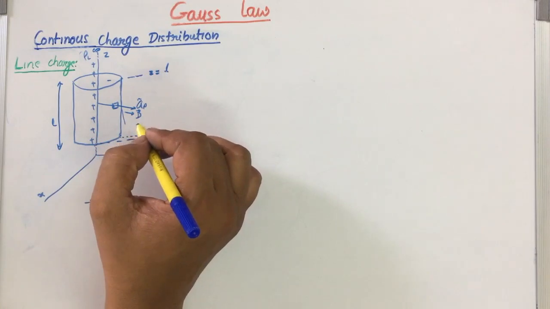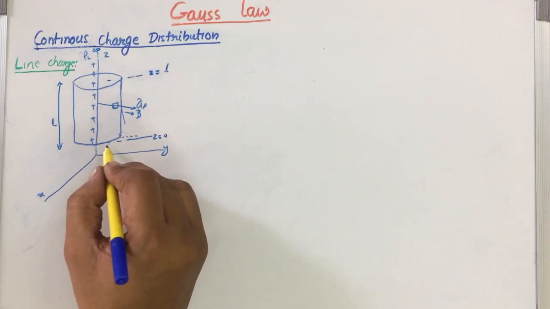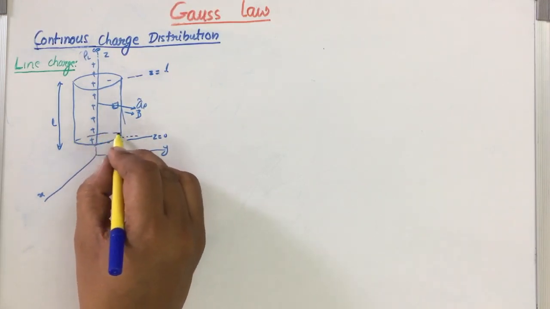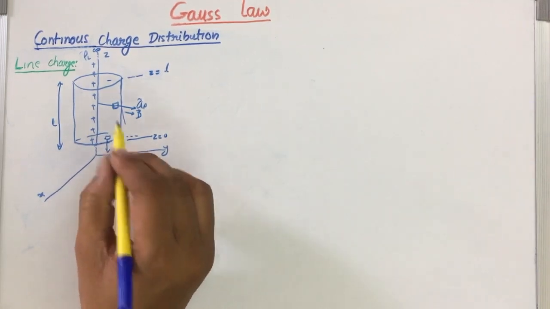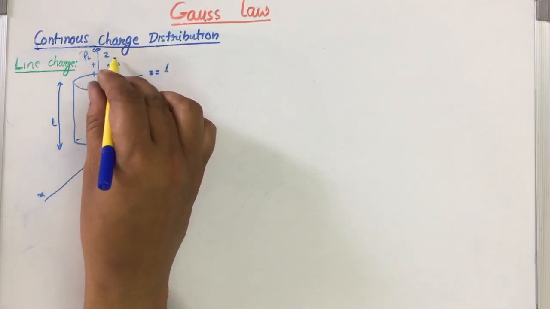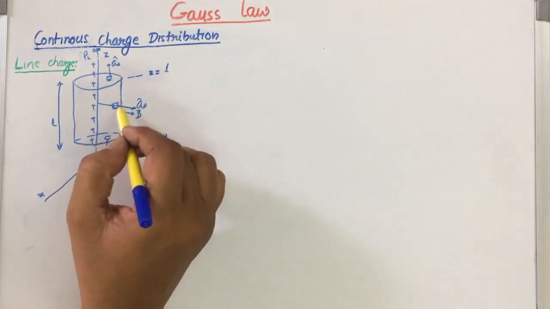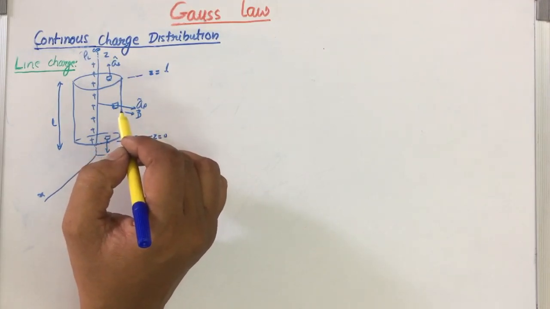In this case, D and a rho will be in the same direction. If we consider any area here it will be minus aZ, and if we consider it here, then it will be plus aZ. Do not worry about this, both will cancel out in the net value, and only the curved surface will be considered the active area for electric flux density.